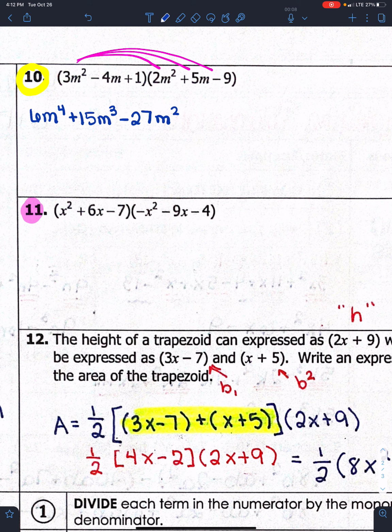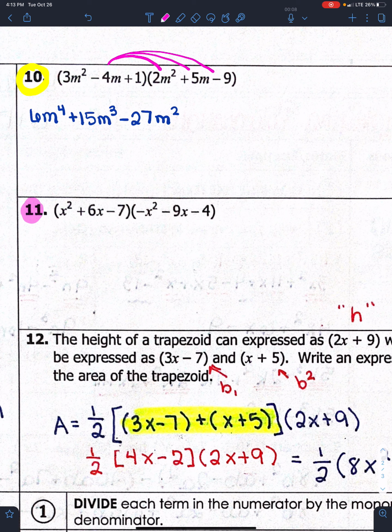If you're doing this in pencil, you can then erase these and focus on what you're doing next. That's why using pencil is so helpful, because now we would do negative 4m times 2m squared, negative 4m times 5m, and negative 4m times negative 9.